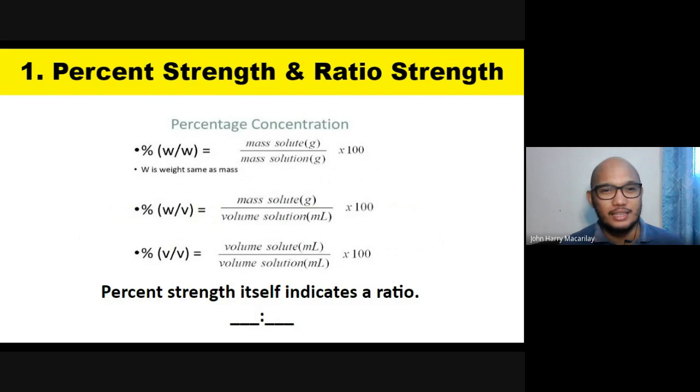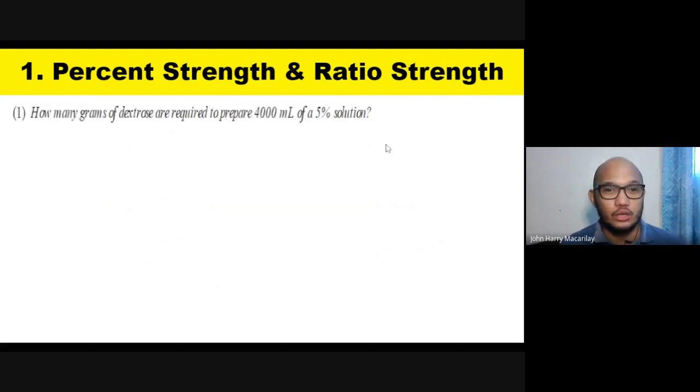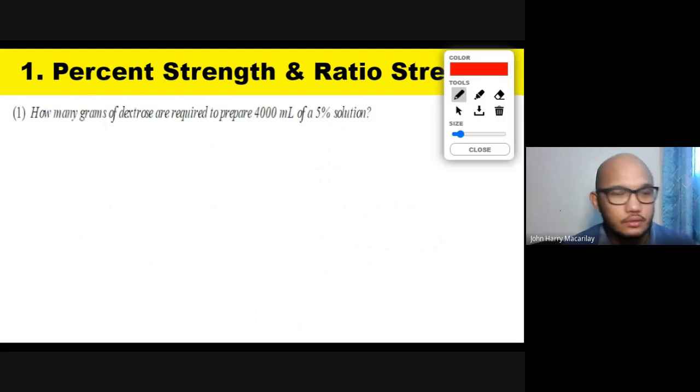Right? So let's have an example so that we can remember or understand better the percent strength and ratio strength. For example, this problem: how many grams of dextrose are required to prepare 4,000 ml of 5% solution? So what are our givens here?